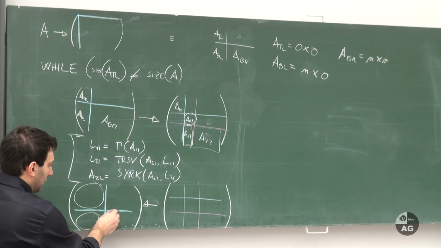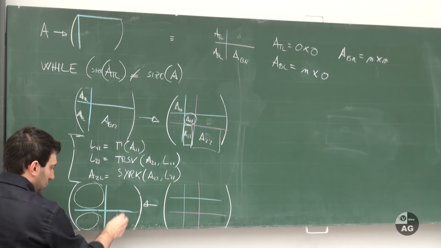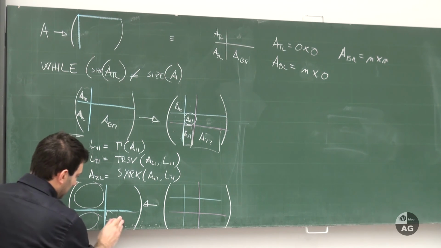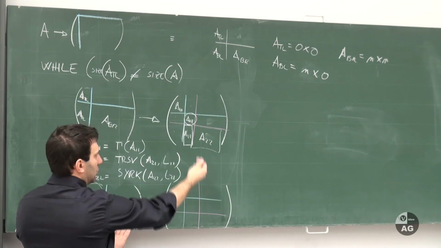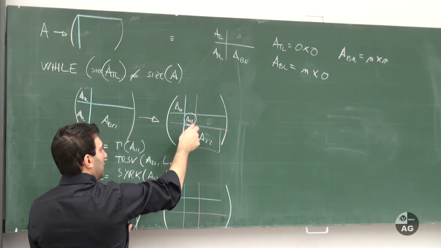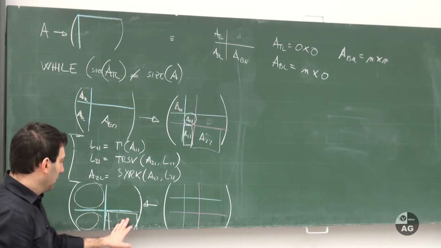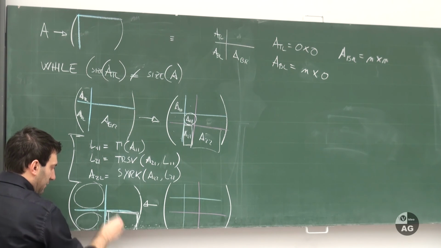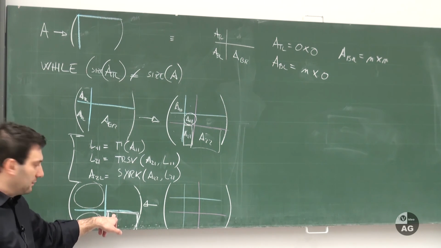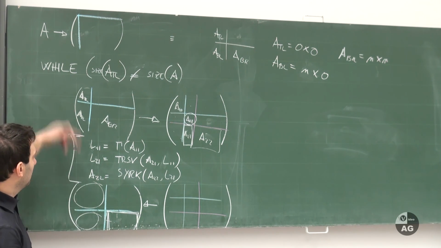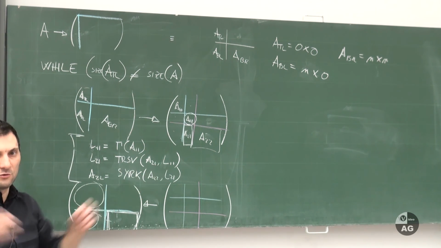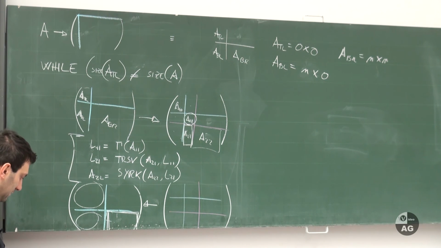Down here, this object comes from A22 now, because I've pushed these things on the other side. So now I have to do Cholesky of this, then a triangular solve, and update again. So I can just repeat this until A top left has grown to be as big as the full matrix.